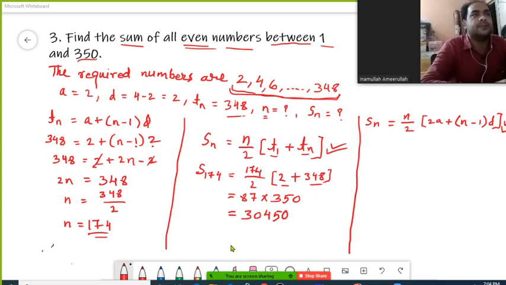For example, I use this formula. Now we can use this formula to find the sum of all the terms. Sn equals n by 2. So we need to find S174.